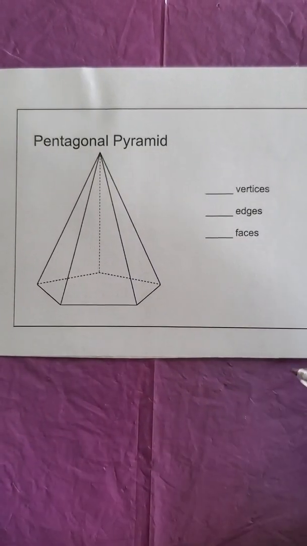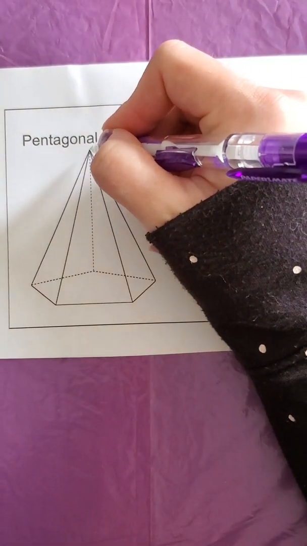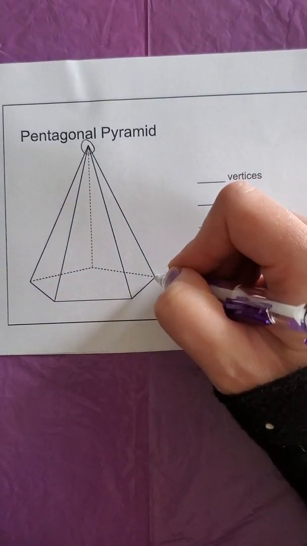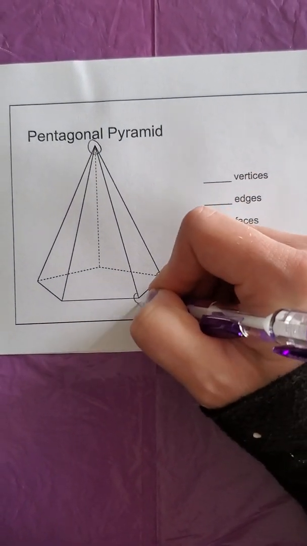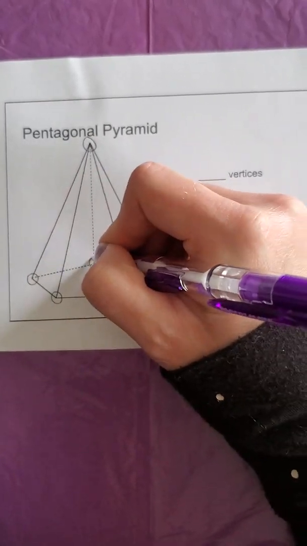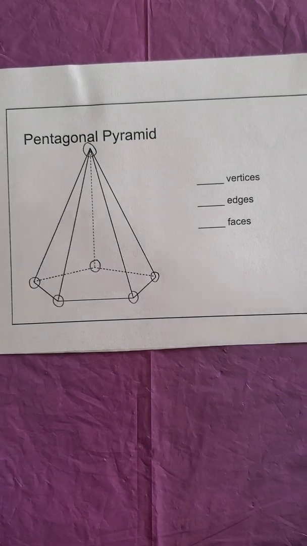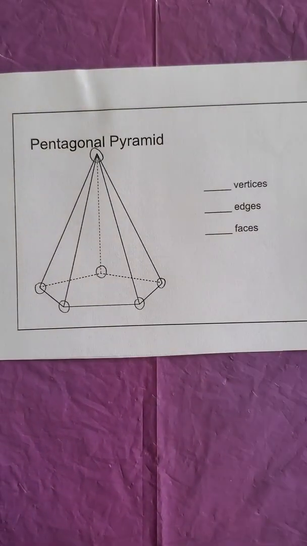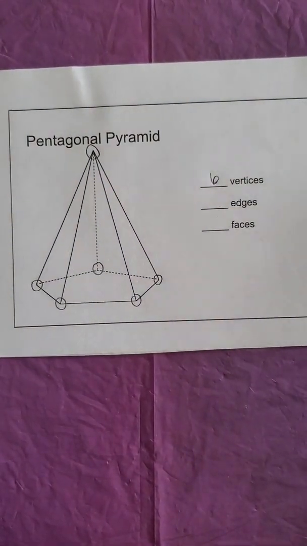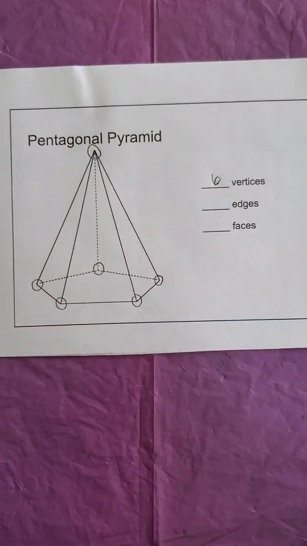So let's count the vertices. Here I have 1, then count the others, 2, 3, 4, 5, 6. I have 6 vertices. Now I will count my edges.